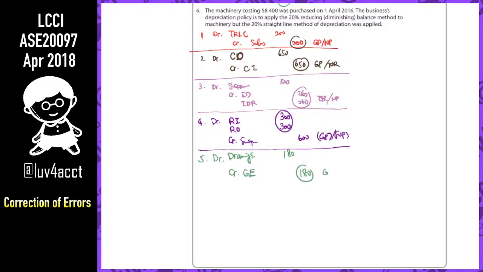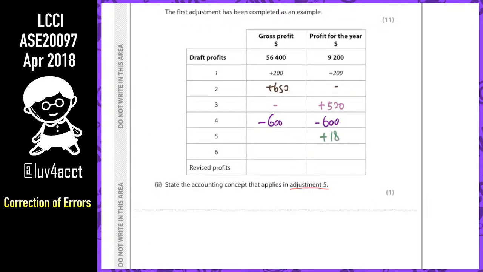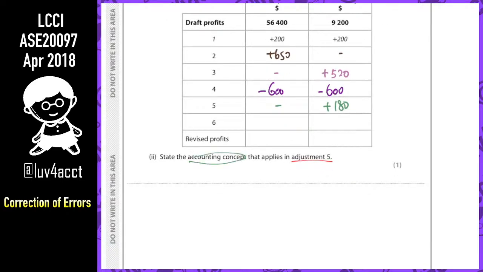So there will be no effect on gross profit, but net profit will increase by 180. The accounting concept that applies in adjustment 5: if it is for private use, then we should put it in drawings. So this is the business entity concept.